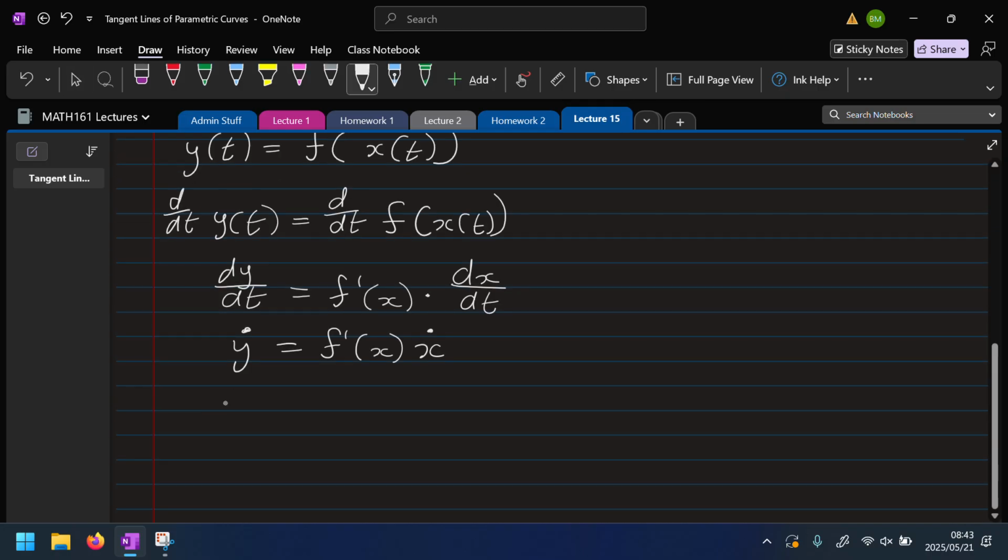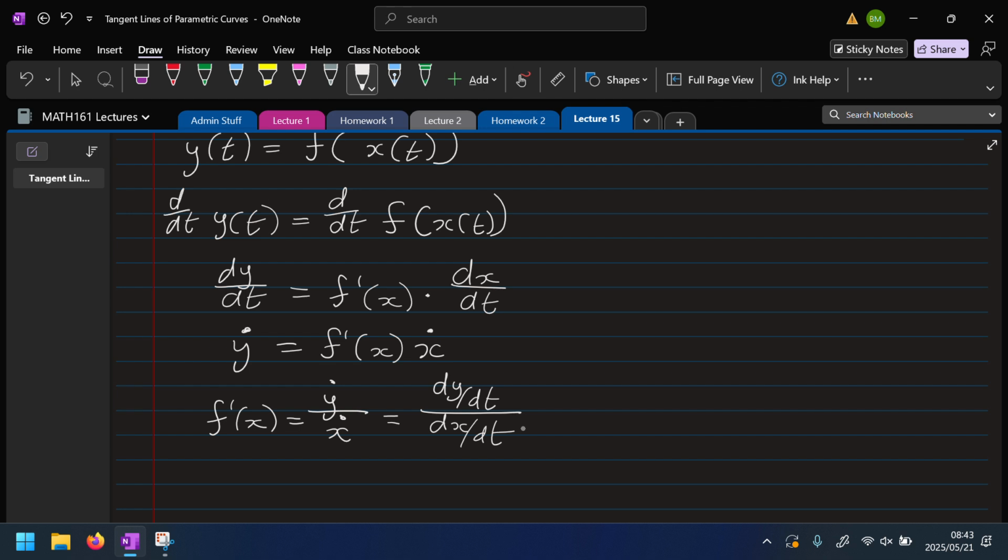So we end up with f prime of x is equal to y dot over x dot. It's a little bit neater than writing dy by dt divided by dx by dt. So it just saves us doing the fraction over a fraction. But if you want to write this as dy by dt over dx by dt, you can do that. But y dot over x dot, it's a bit neater.